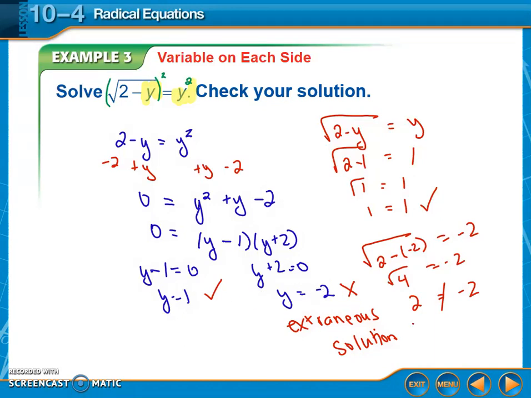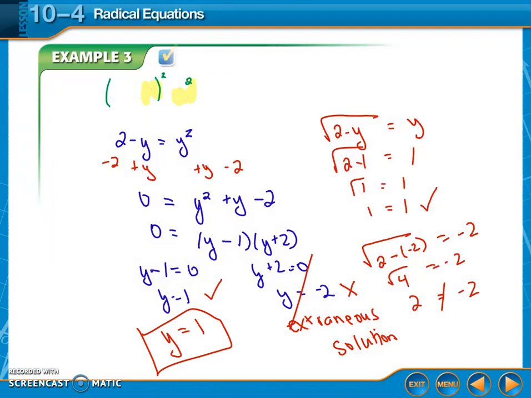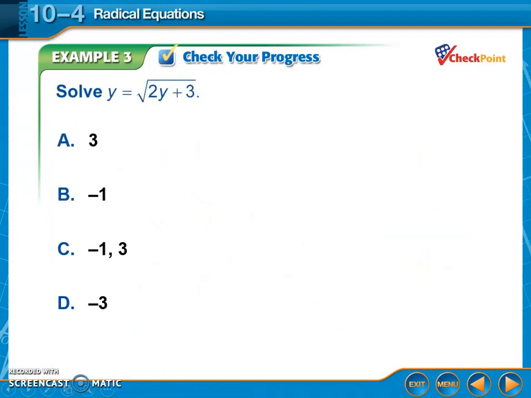In this case, our only solution is y equals 1. You guys try this one. And that is lesson 10-4.